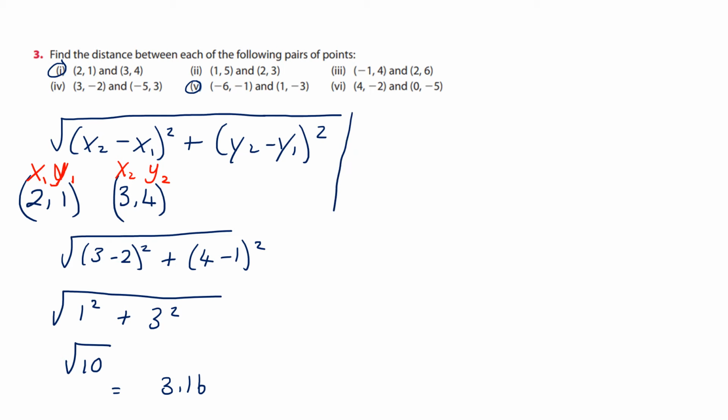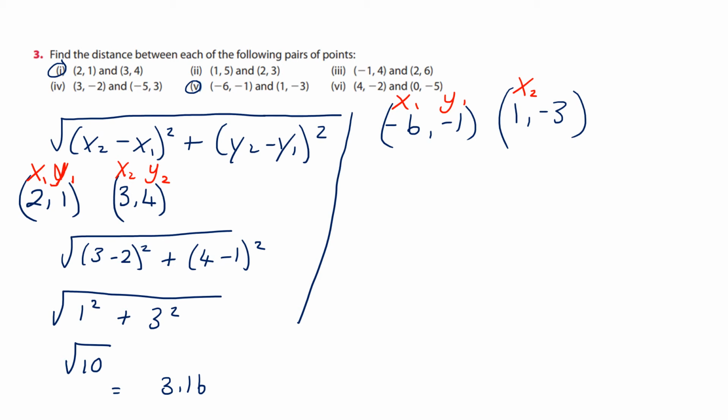Now, I also want to do an example where we have lots of negative numbers, just so I can show you how to handle the negative numbers. So start off again by writing out your points. And I'm just going to label them x1, y1, x2, y2.